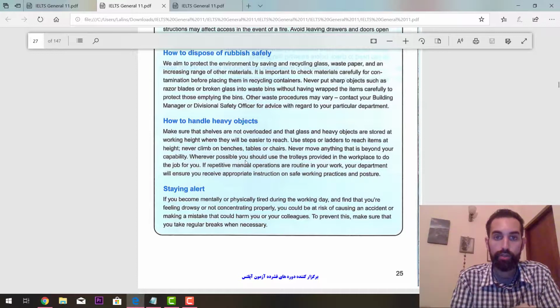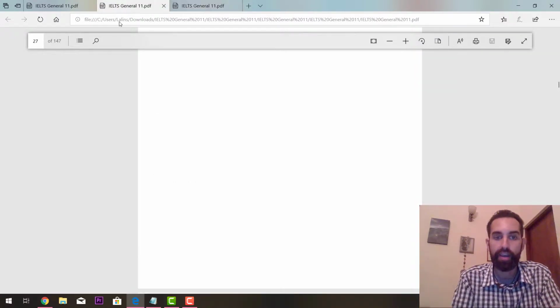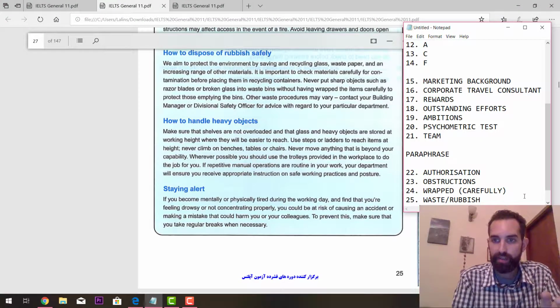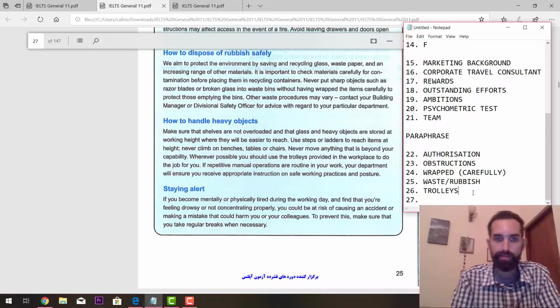Wherever possible, you should use the trolleys provided in the workplace to do the job for you. Okay, trolleys, that would be to move heavy objects. So 26 is trolleys.